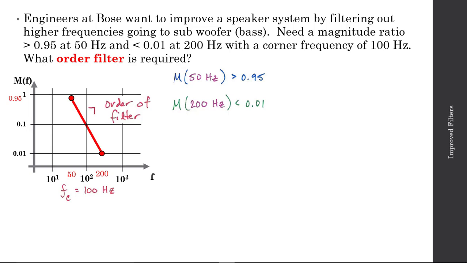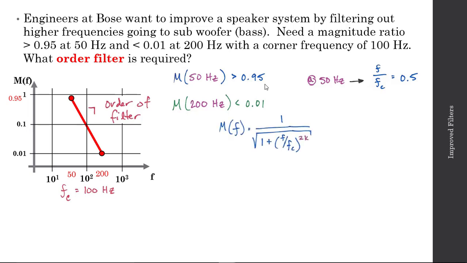Let's go back to this 50 hertz requirement for a magnitude ratio at 50 hertz. We have a magnitude ratio greater than 0.95. So at 50 hertz, the ratio of f over fc, that'll be 50 over 100, is equal to 0.5. The magnitude ratio in terms of frequency f is going to be equal to 1 over the square root of 1 plus quantity f over fc to the 2k, where k is the order of my filter, and thus k is what I'm ultimately trying to solve for in this problem.